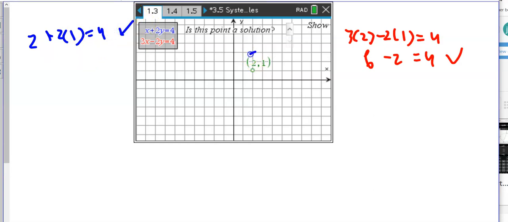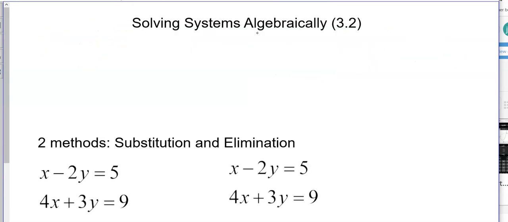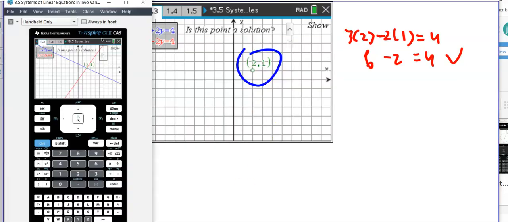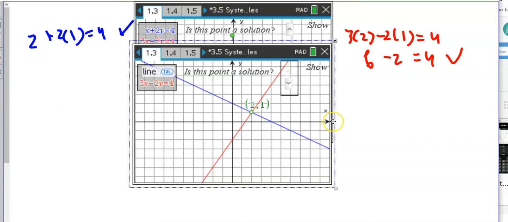Because that's true for both of them, it is true for the pair. Just so you can see a picture of this, you can see that the graphs go through that one point. And so the solution to that system is the ordered pair 2, 1. If you plug it in, it works for both equations.